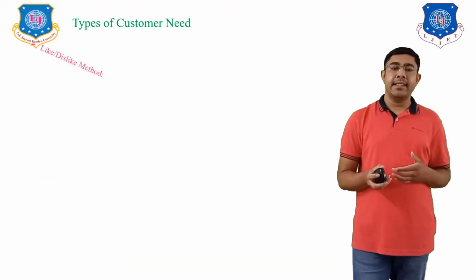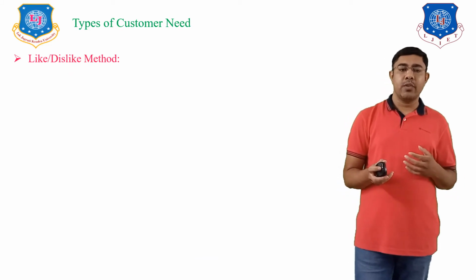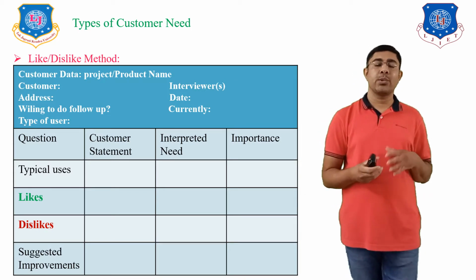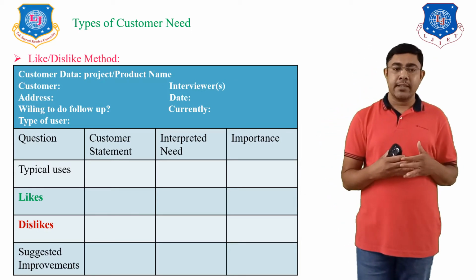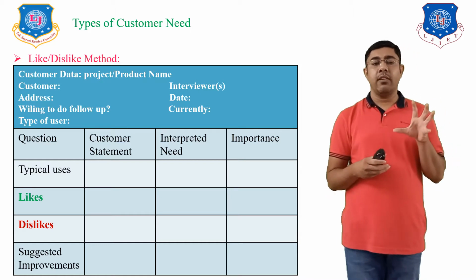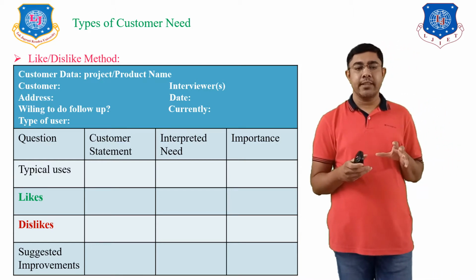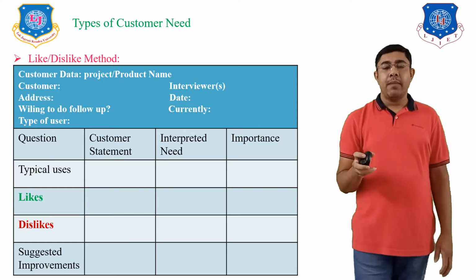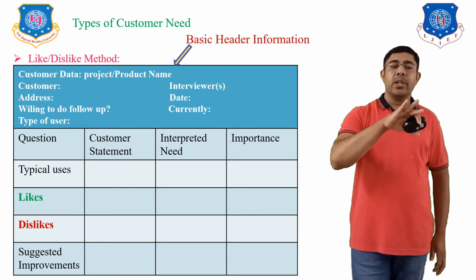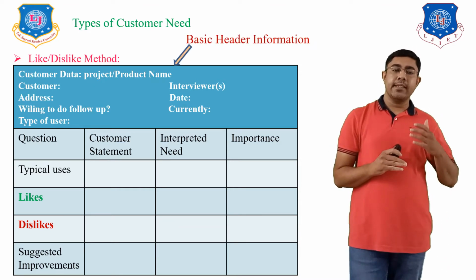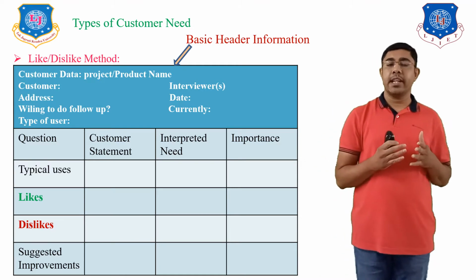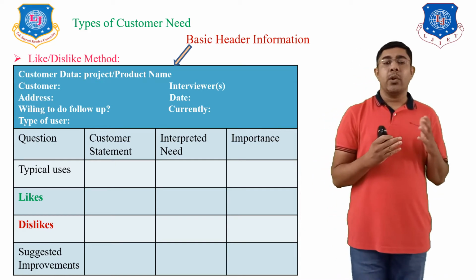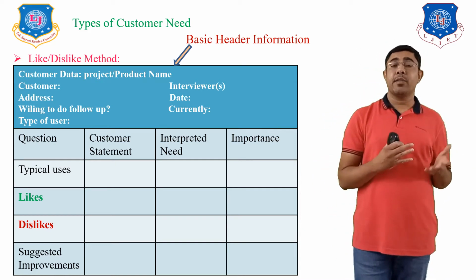In the like-dislike method of conducting interviews, the like-dislike form, as shown here, is used to collect the customer need data. Here I show the form, and you can see that at the top of the form there is basic header information: the project or product name, customer name, address of the customer, willingness to do a follow-up, and types of users.